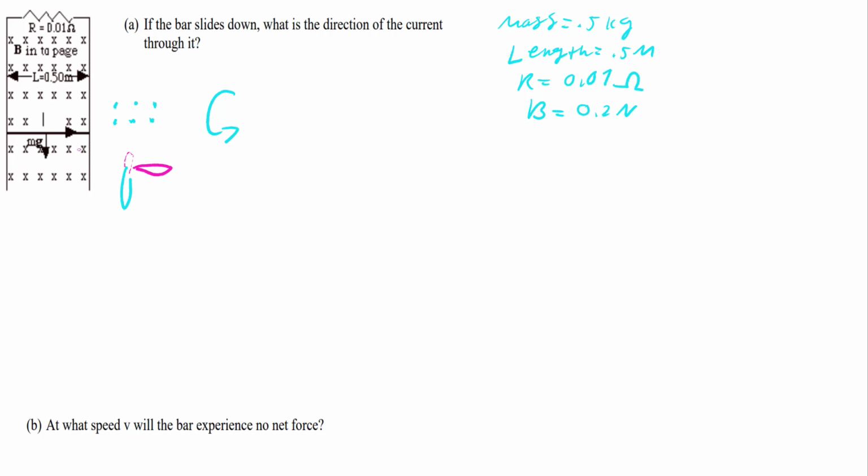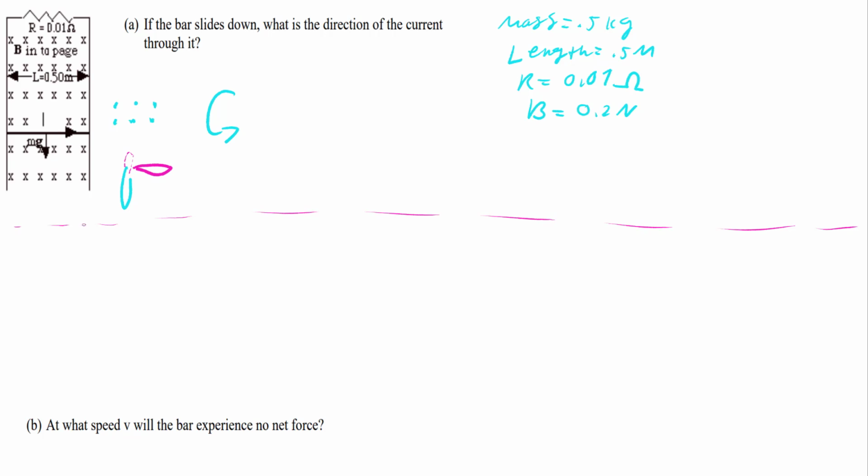So now we have to figure out at what speed the bar will experience no net force. Okay, I don't have enough room for part B down here, so I'm just going to move it over here. Well, we have to figure out how to do this. To do question B, you're going to have to realize that we're working with gravity.